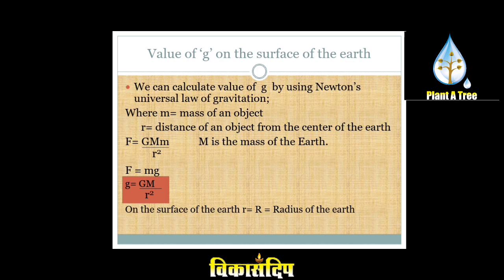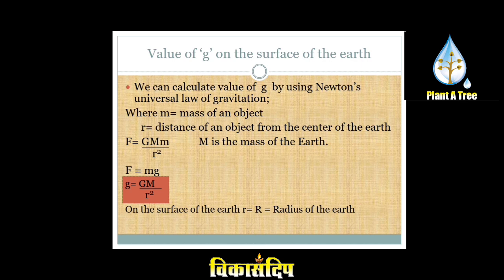Now let's find the value of g on the surface of the earth. We calculate the value of g by using Newton's universal law of gravitation, where m is the mass of an object, r is the distance of the object from the center of the earth, and M is the mass of the earth. Then F is equal to G capital M small m divided by r square.